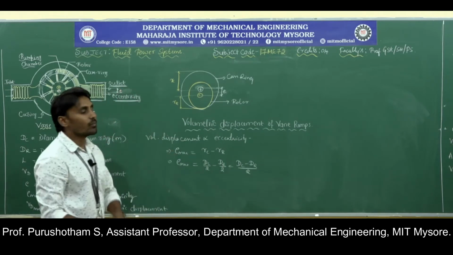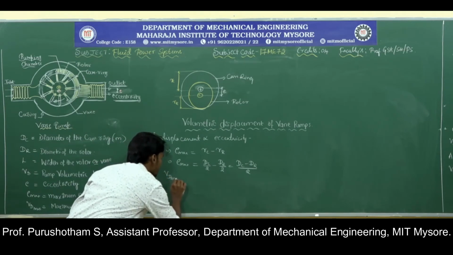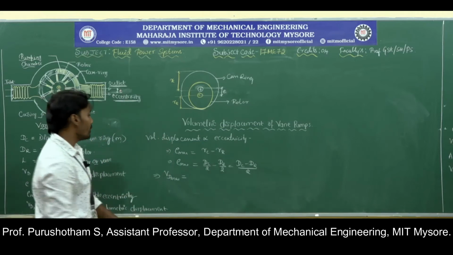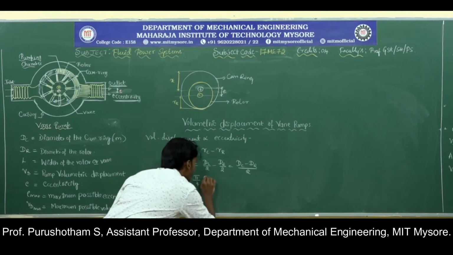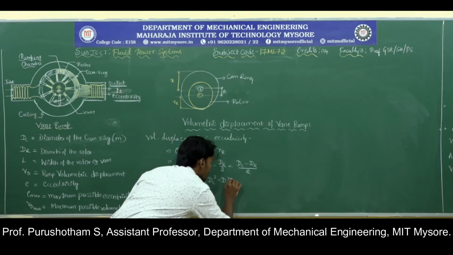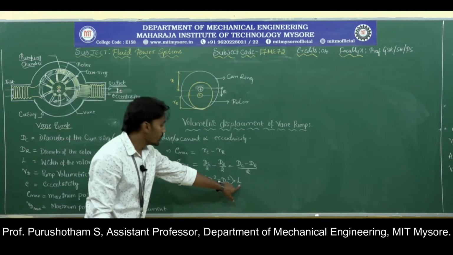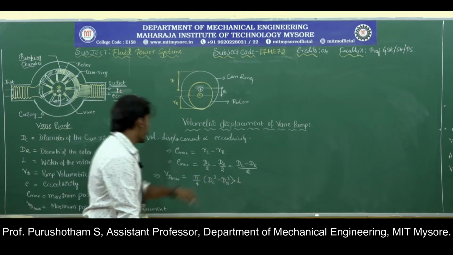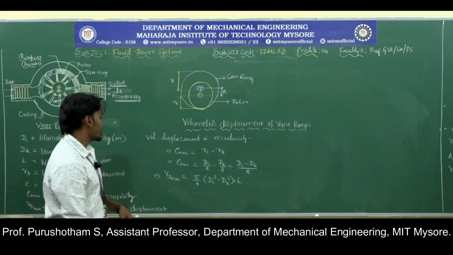So the maximum volumetric displacement, Vd max, is given by pi by 4 into (dc square minus dr square) into the width of the rotor. L means the width of the rotor or vane. That is area into width, which will give the maximum volumetric displacement.